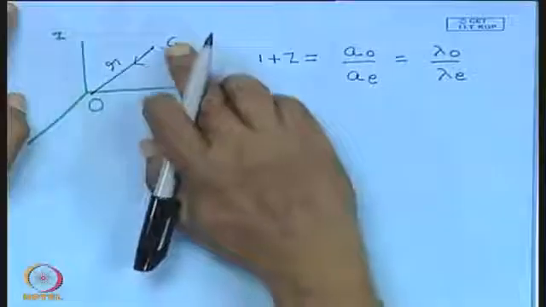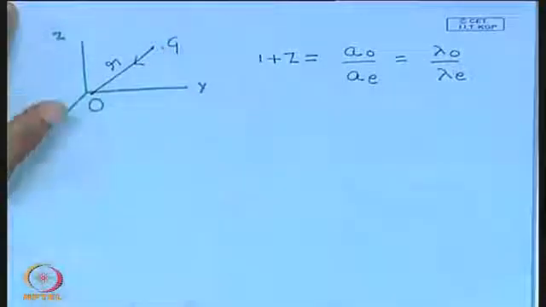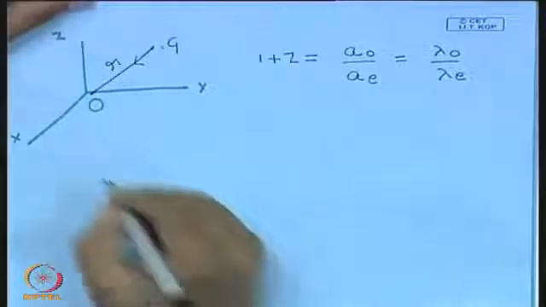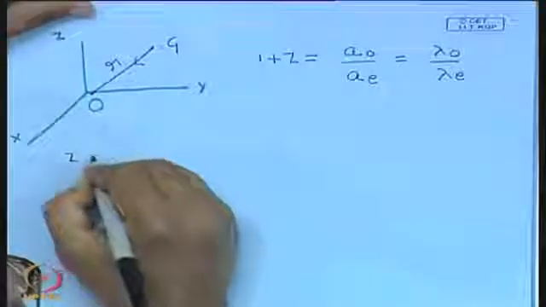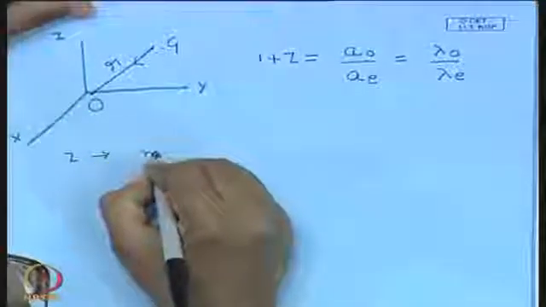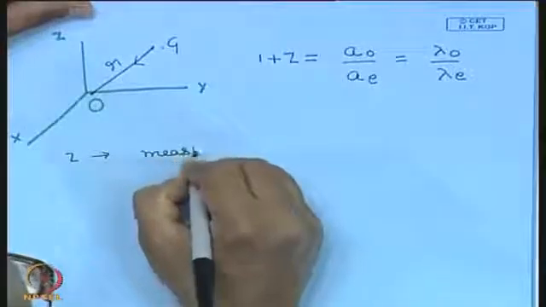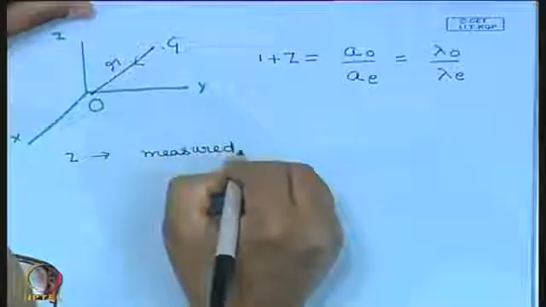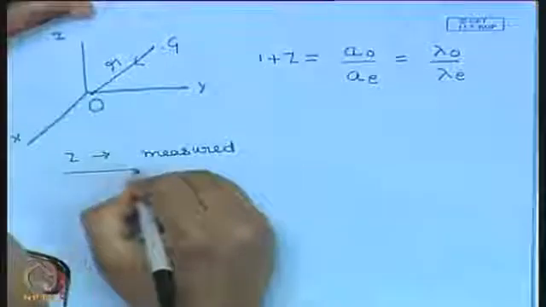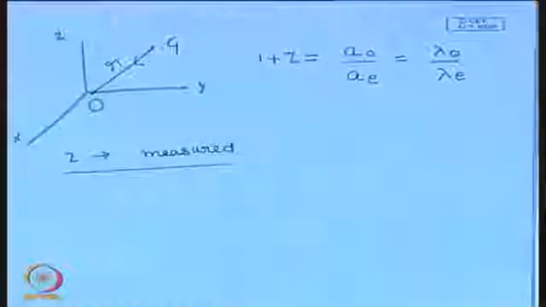So in most situations, for any cosmological astronomical sources at a cosmological distance, the redshift is the quantity which is normally directly measured.